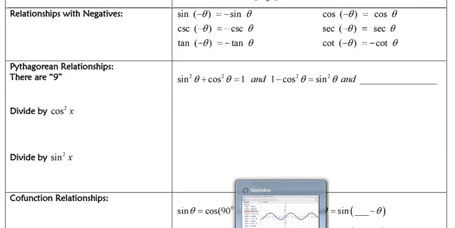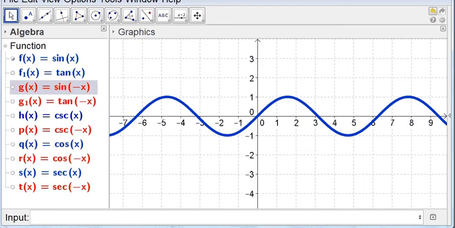So here we go. And this is the graph of sine of theta, and I apologize that these over here got out of order. GeoGebra kept on moving them around. But this here is a graph of sine of theta. I want you to compare that to the graph of sine of negative theta, or negative x.